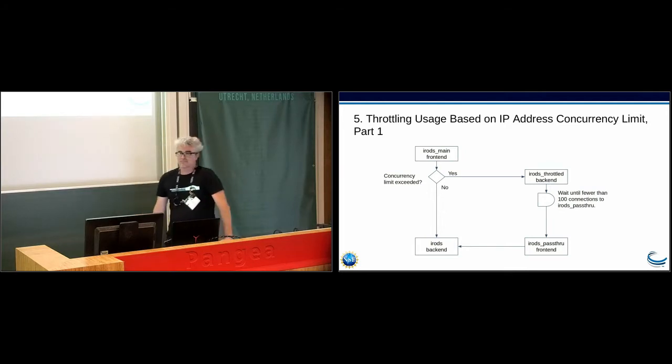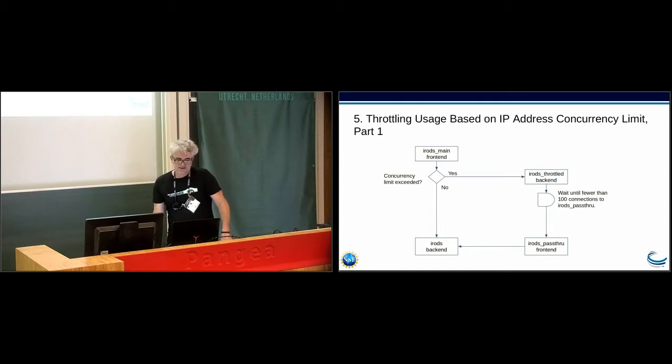Now this is one of the ones we have in production, the throttling usage based on IP address concurrency. So what we do here is we have the main front end. It can route to the main backend, but it also routes to a second backend we have set up called iRODS throttled.